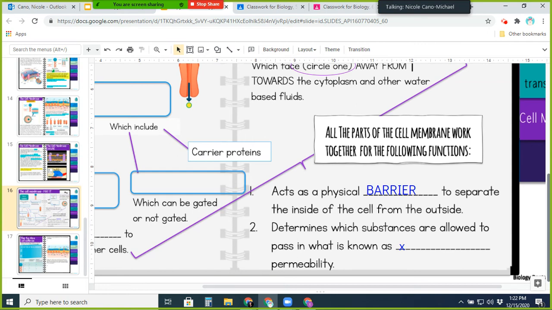Now, don't get me wrong. We as human beings, we still do this, right? Even though we're not a single-celled organism, we have specialized cells. So I have heart cells, and those heart cells make heart tissue, and my heart tissue makes my heart, and my heart, along with some other organs, makes my circulatory system, and the circulatory system helps me maintain homeostasis.